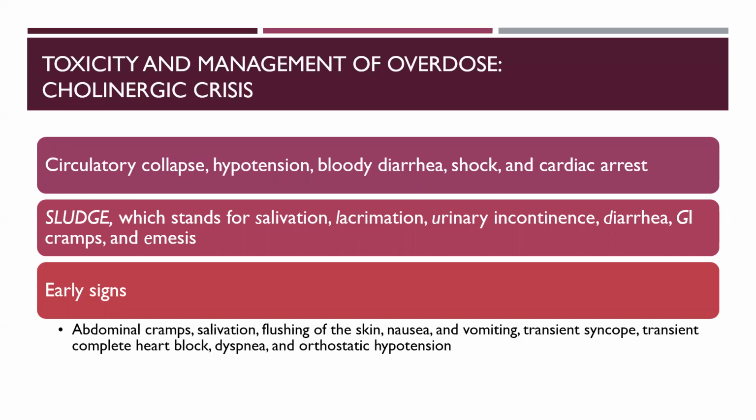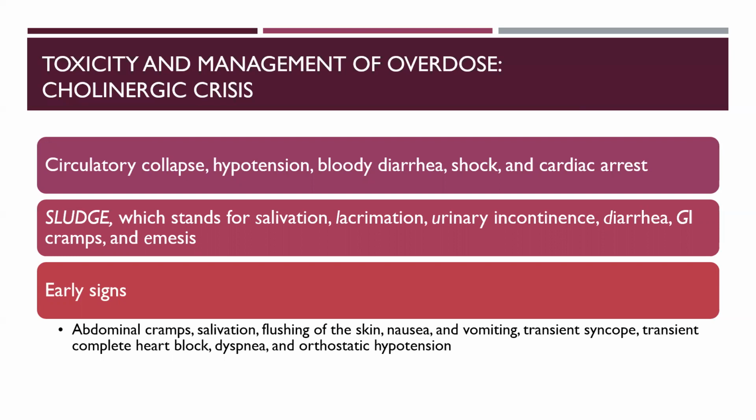So, toxicity and management of overdose: cholinergic crisis. Circulatory collapse, things like hypotension, bloody diarrhea, shock, cardiac arrest, SLUDGE. All those things, it stands for salivation, lacrimation, urinary incontinence, diarrhea, GI cramps, emesis.